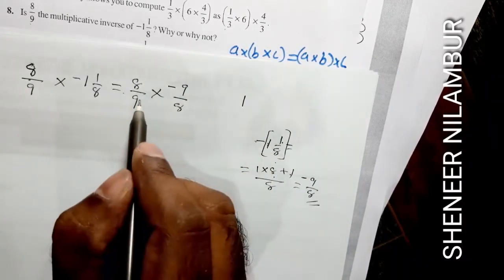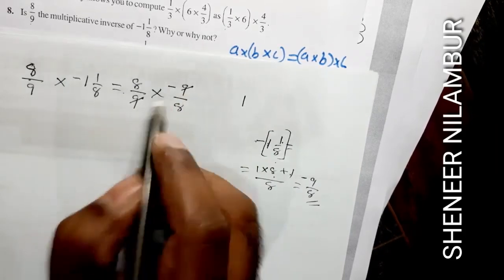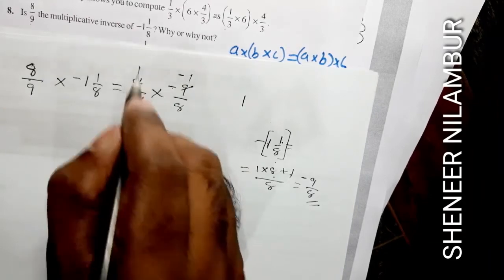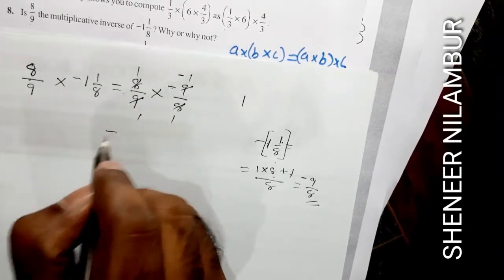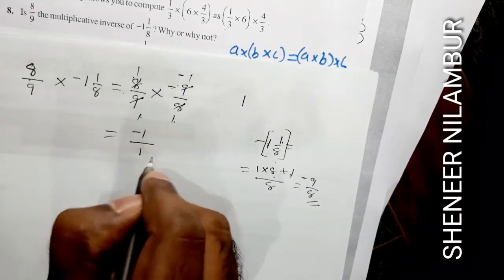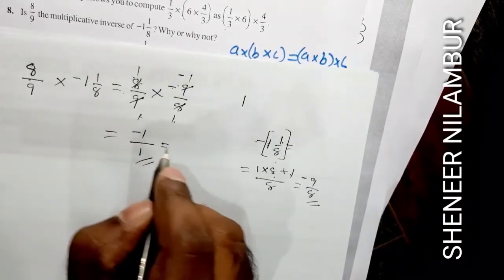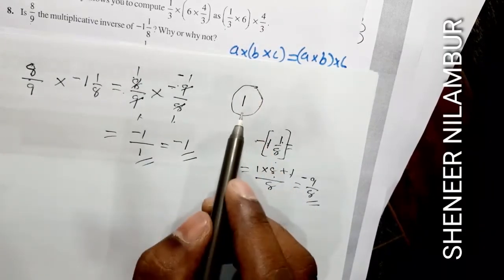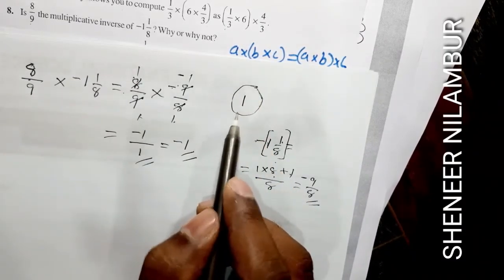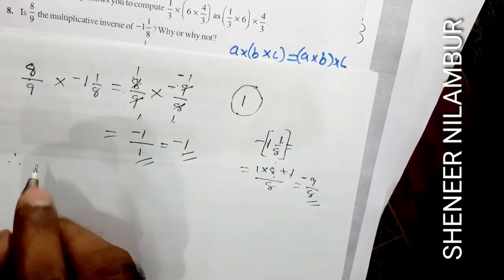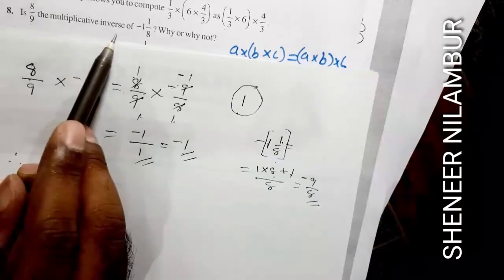So when we cancel this 9 and 9, we get 1. This negative symbol is there, so minus 1. And 8 by 8 is 1. 1 into minus 1 is equal to minus 1. 1 into 1 is equal to 1. Be careful, this answer is minus 1, but we want to get a plus 1. Multiplicative identity means it is positive 1, but our answer is negative 1. So we can say it is not the multiplicative inverse.